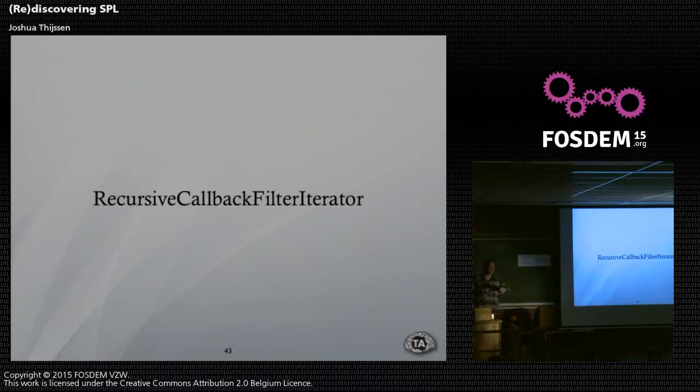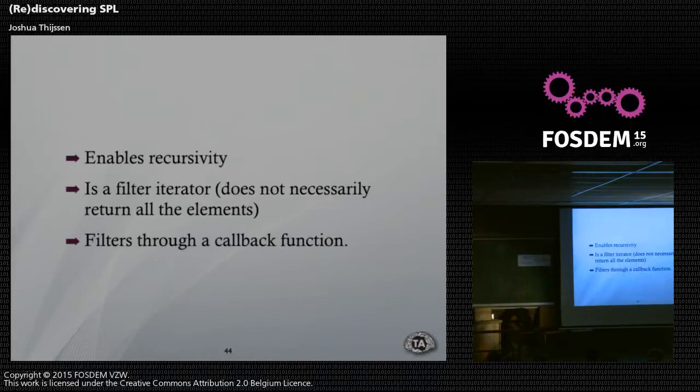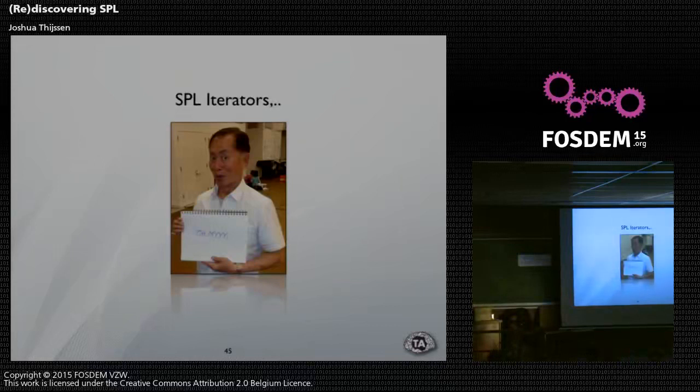It's a filter iterator, so it injects another iterator and filters out stuff, and it uses a callback for that, which is really awesome. So now we can create a simple filter iterator by just adding a callback to it. It works exactly as you would expect from now on. But yeah, if you start with SPL, it doesn't make any sense at all. SPL iterators, right.